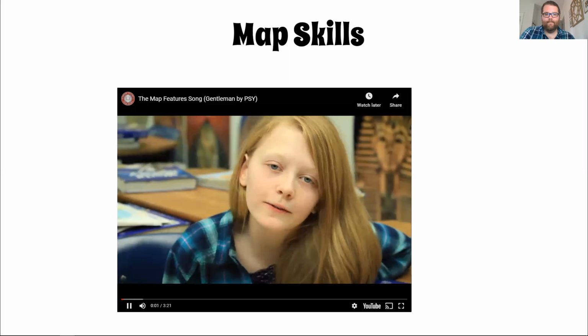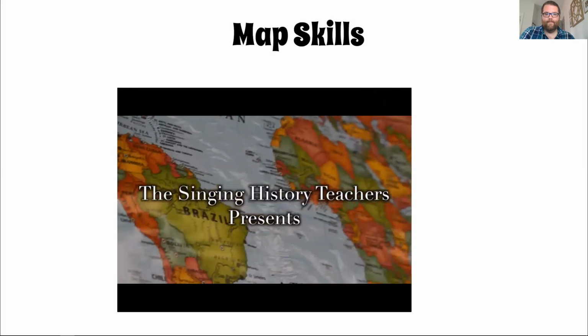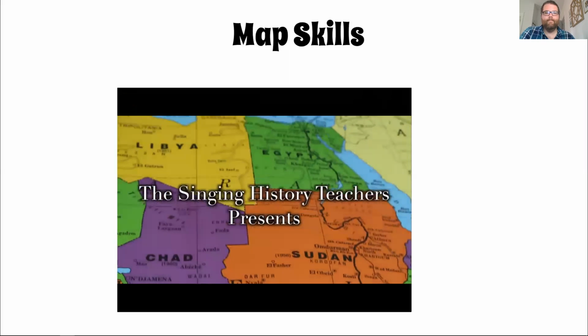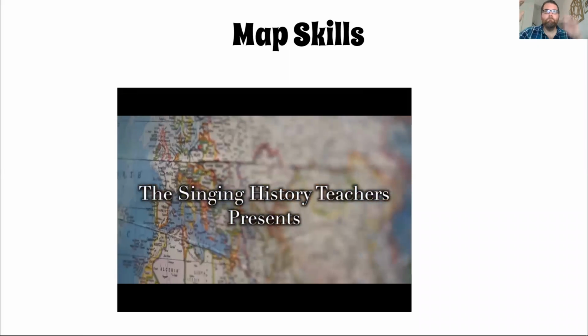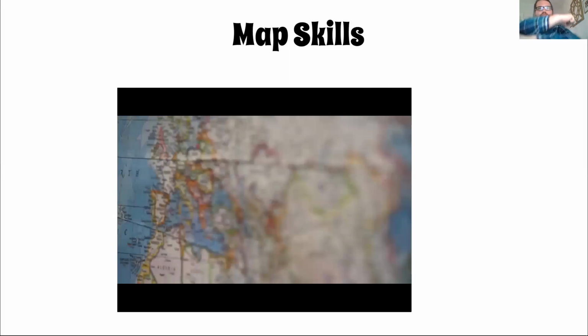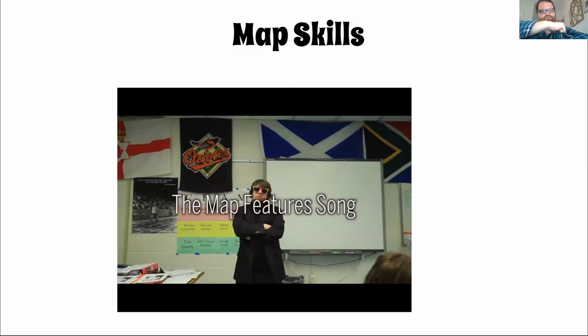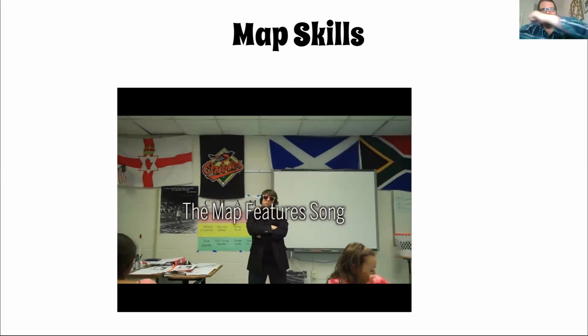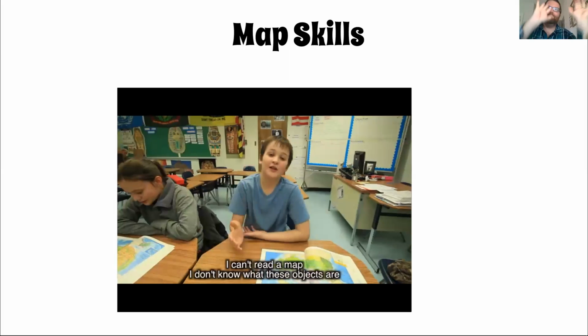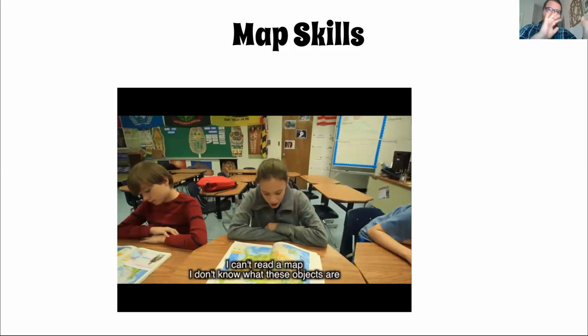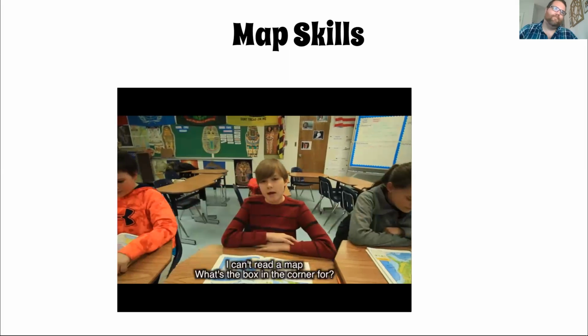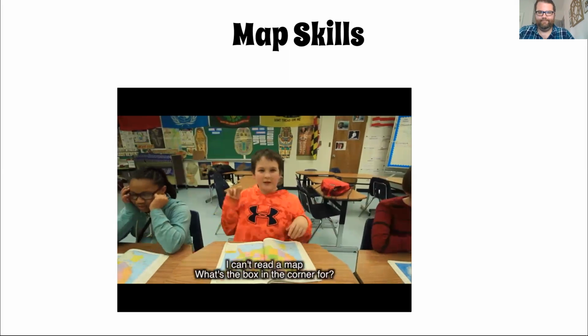Hey, Mr. M, what are we doing today? I can't read a map, I don't know what these objects are. I can't read a map, what's the box in the corner for?